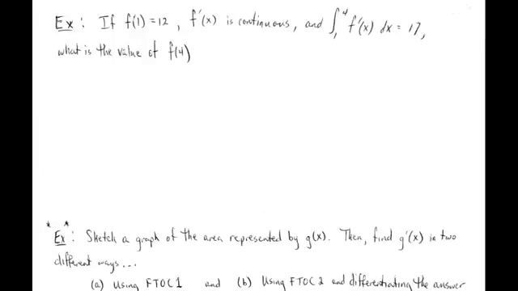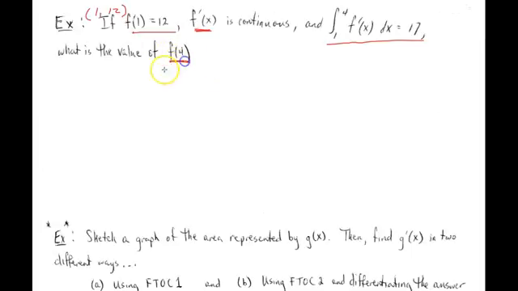And we're going to start off with this one, which says that if we know that f of 1 is equal to 12, or put another way, we know that the point (1, 12) is on the graph of some function f of x. And we also know that the derivative of f of x is continuous, and that the area under the curve of the derivative of the function f from 1 to 4 is 17.